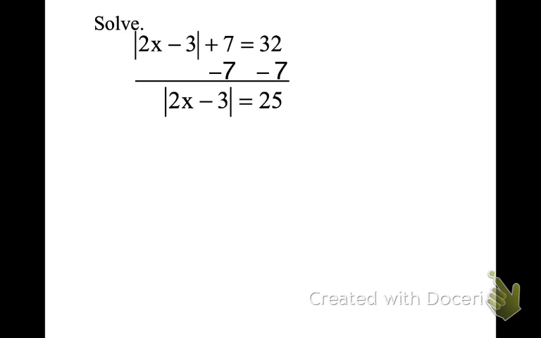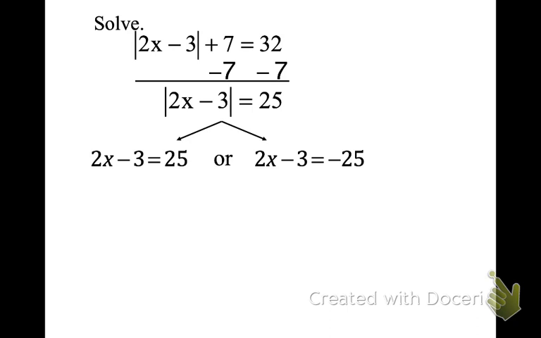Do not touch that middle sign. Do you understand? So we're branching it out to 2 equations. One is set to the positive, and the other is set to equals what, Bryce? Negative. Negative 25, right.